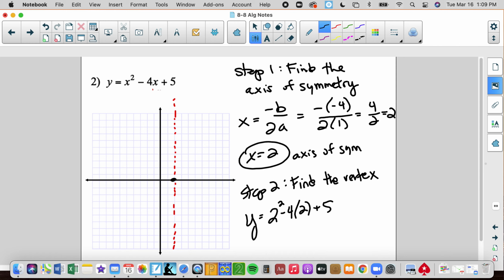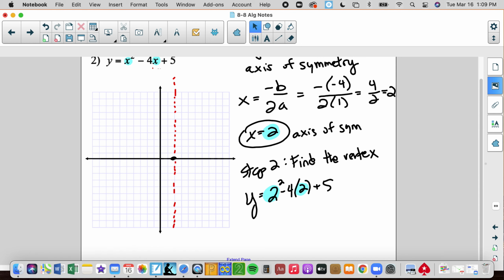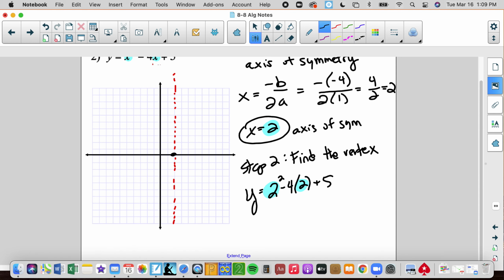So I'm taking this x value that I calculated and plugging it in to these x's. All right, and now I'm going to simplify. So we get 2 squared is 4, -4 times 2 is -8, plus 5. 4 minus 8 is -4, plus 5 is 1.